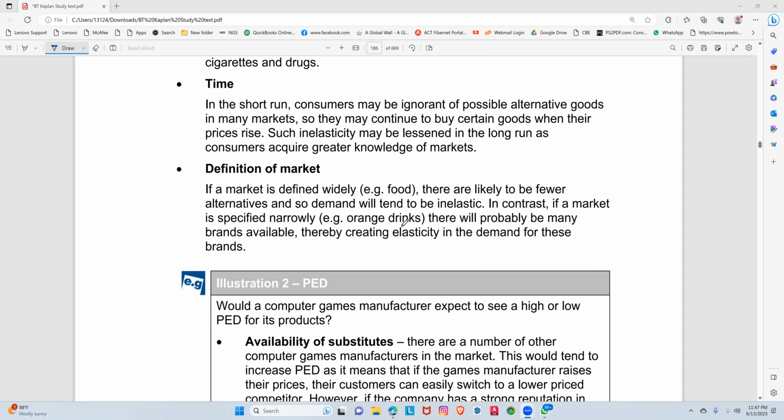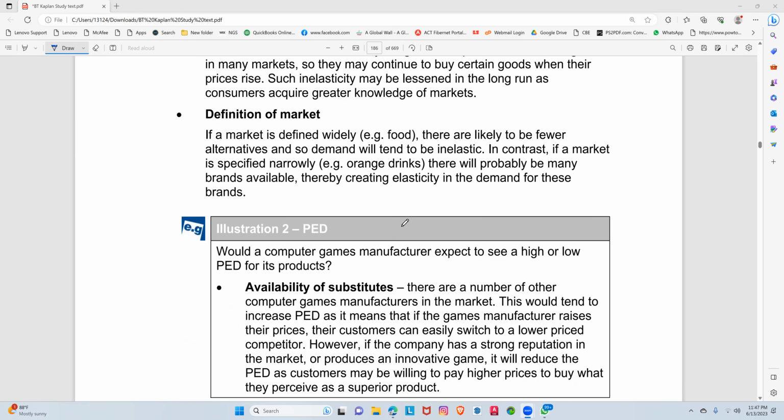Then definition of market. Market is widely where a large number of goods are sold. Okay, a large number of goods are sold. अब जैसे कि देखो, you can go to buy things like, for example, a camera.